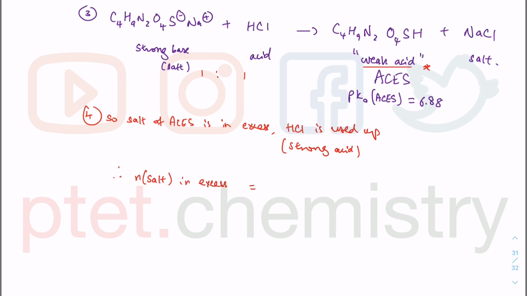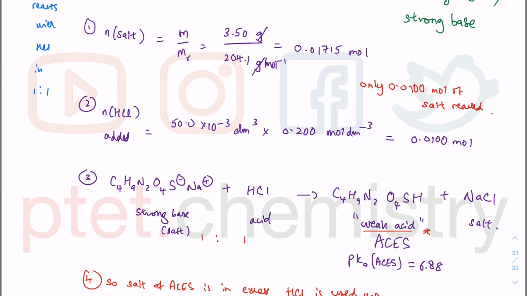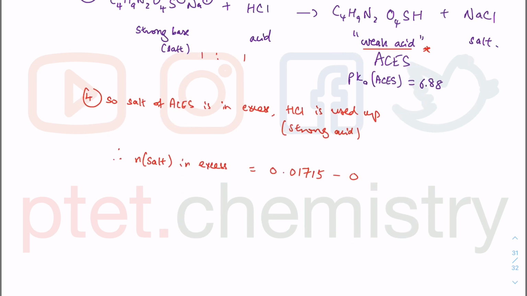So since that's the case, there's 0.01715 from up here. Take away however much they reacted, so minus 0.0100, and I will get 7.15 times 10 to the minus 3 mole.